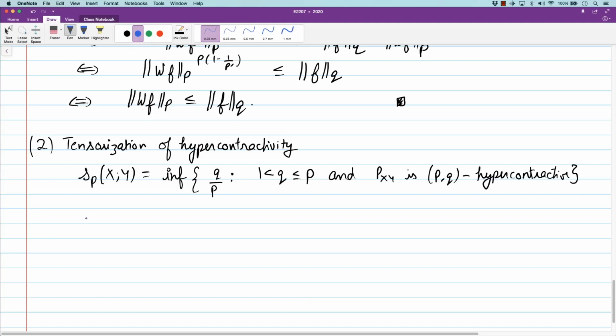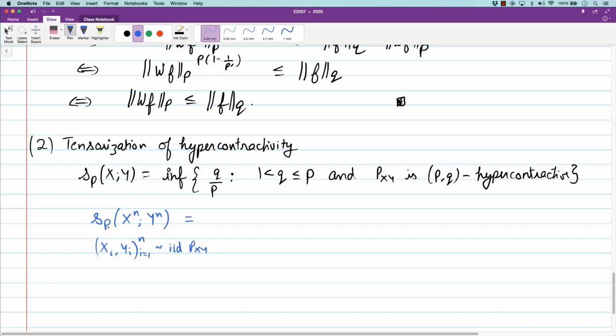Now suppose you want to evaluate this quantity for product measures. So X^n and Y^n denote two random variables, let's say (X_i, Y_i) for i equal to 1 to n are iid P_XY.